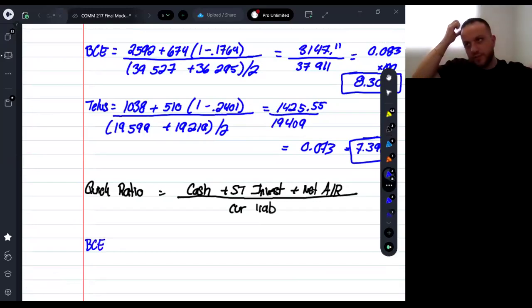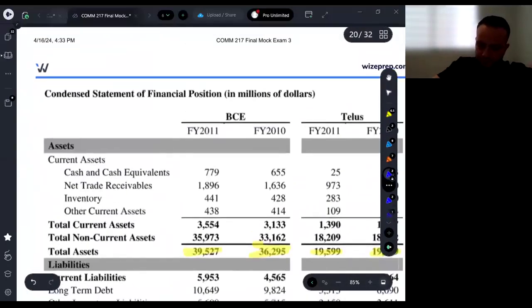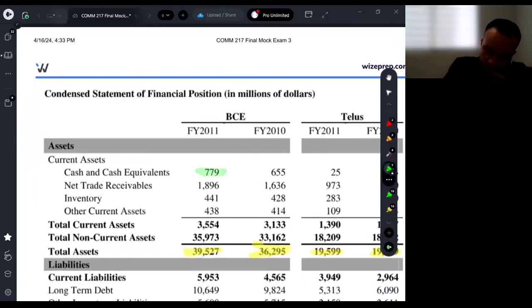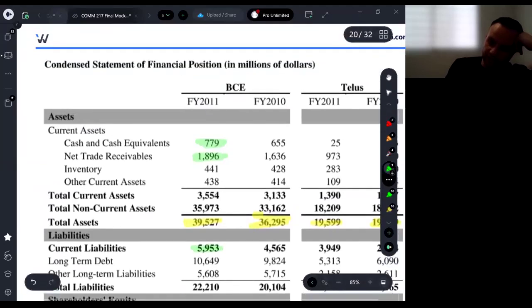So let's go look at BCE. Cash, that, and there's no short-term investments, over the current liabilities of this. For Telus it's gonna be that, and that.